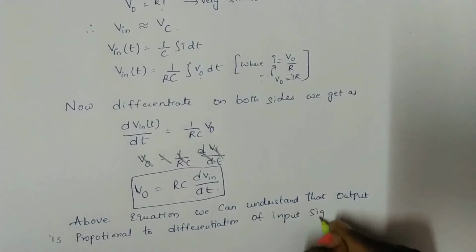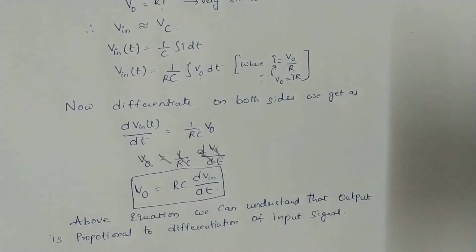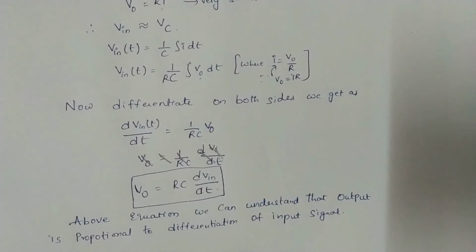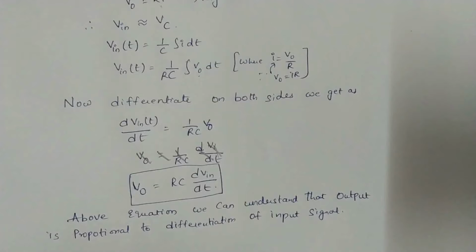Okay, this is about how the HPRC circuit will act as a differentiator, and the condition is RC is far less than T.